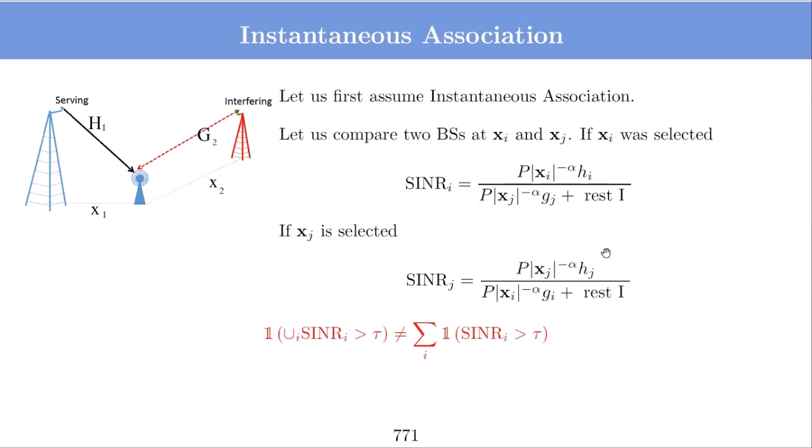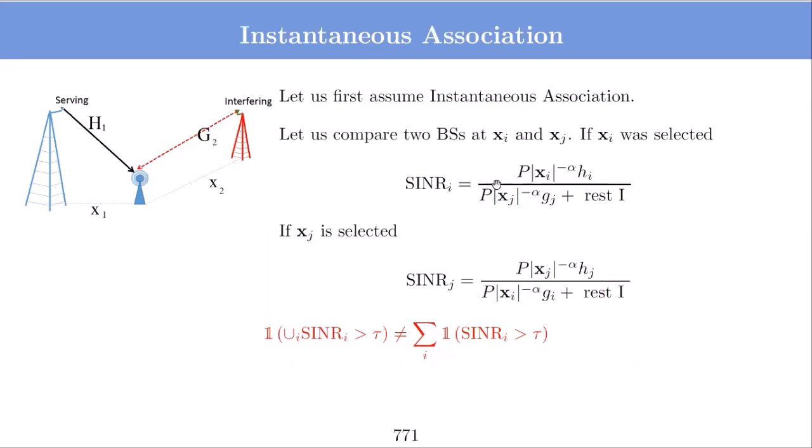Now you can notice that gj and hj have different distributions, and hi and gi have different distributions. So you cannot create a coupling argument between them, and therefore you cannot say that the union of the events SINR_i more than tau, even for tau greater than 1, is the same as the sum over all of them.